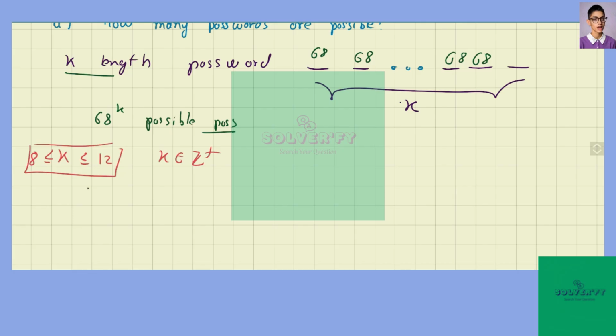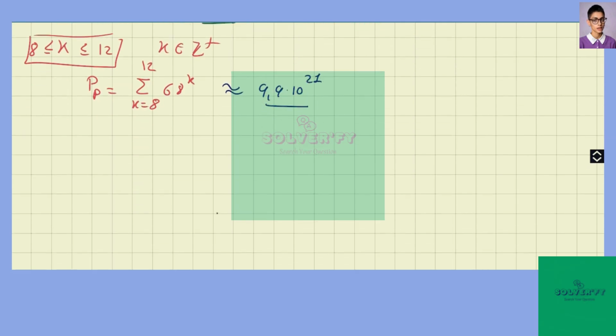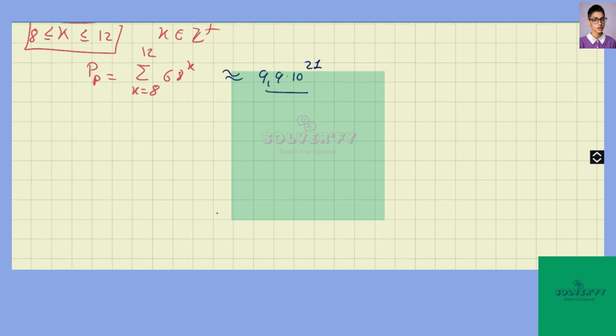So the possible passwords that we can have are given by the sum from k equals 8 to 12 of 68 to the power of k. This will give us an approximate value. I'm not going to calculate this. This is around 9.9 times 10 to the 21 power in scientific notation. So these are all the possible passwords that we can have with these conditions.